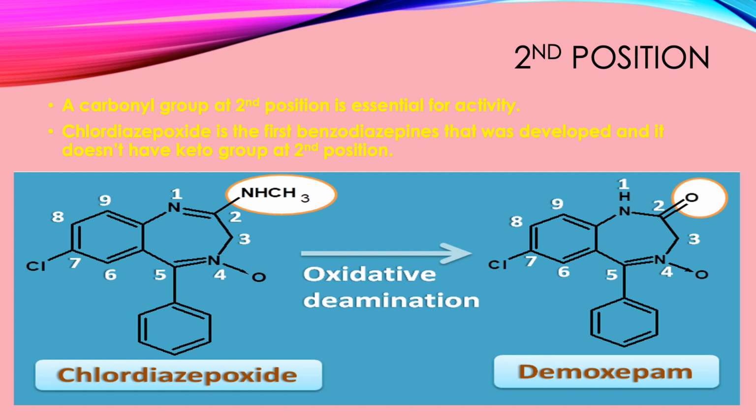There will be removal of the amine and forming of a carbonyl in our second position, which is desirable for CNS depressant activity as mentioned in the first statement. So there is now a carbonyl in our position 2 for the demoxepam drug.